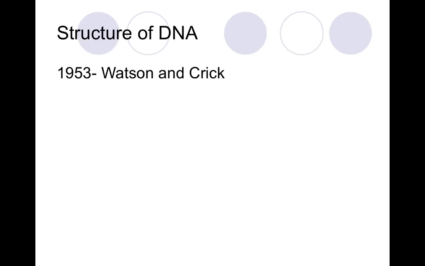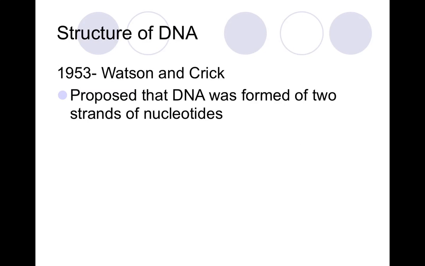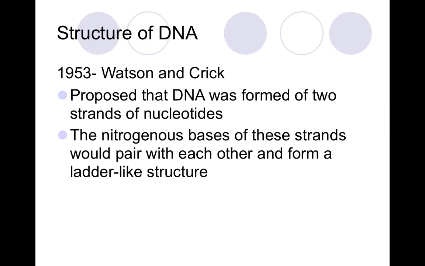So, in 1953, Watson and Crick came up with the structure of what DNA was. They proposed that DNA was formed of two strands of nucleotides that formed together like the picture that we just looked at. They said that the nitrogenous bases of these strands would pair with each other and form the ladder-like structure, those rungs in the middle of the ladder, with a hydrogen bond in the middle.